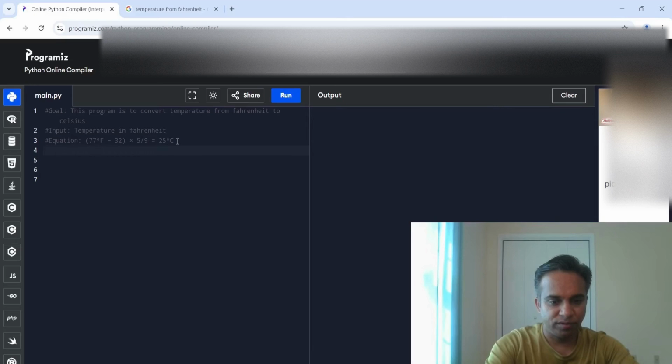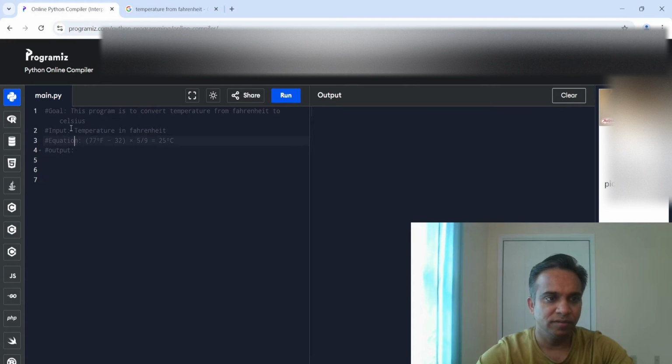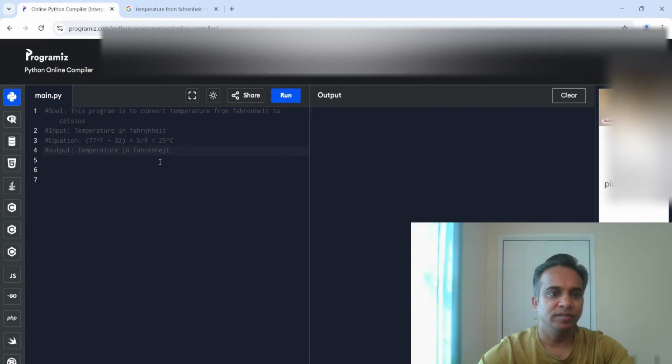And finally the output is going to be temperature in Celsius.